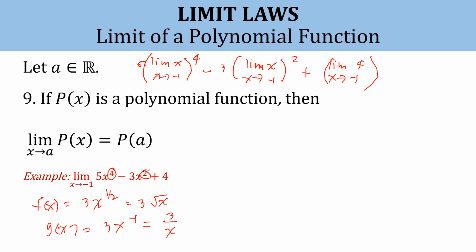The example that I have here is already a polynomial function, so we just evaluate the whole function at the value a. We don't need to do this anymore, right? This is a shortcut. You might say, sir, why did we not talk about this in the first place?